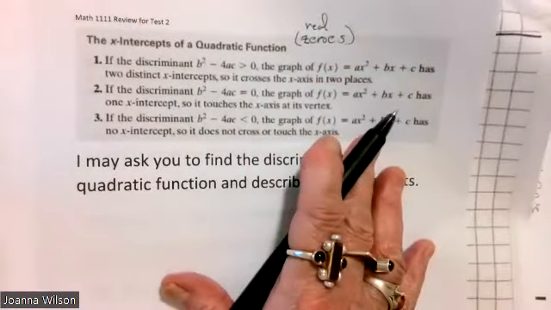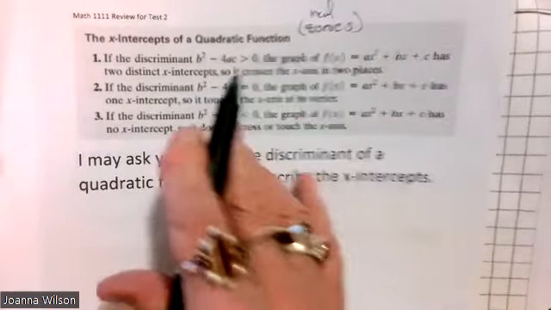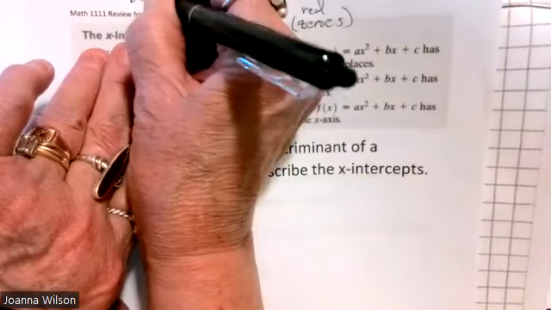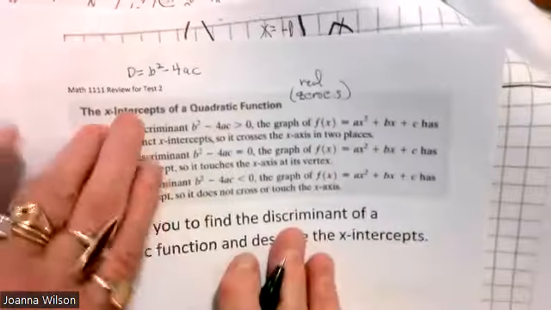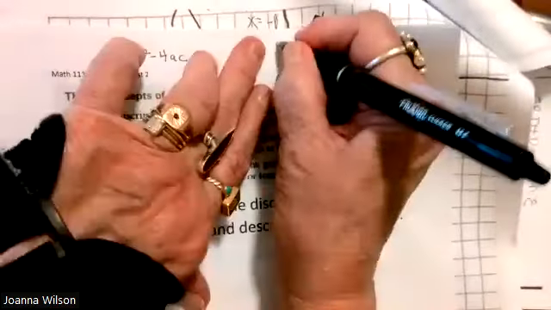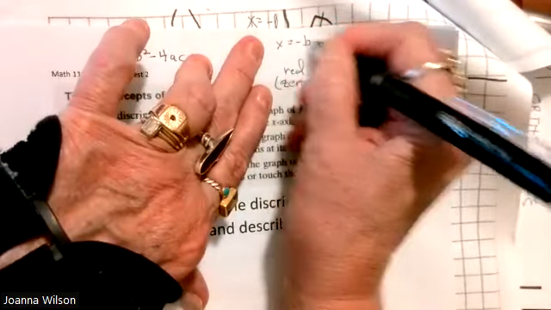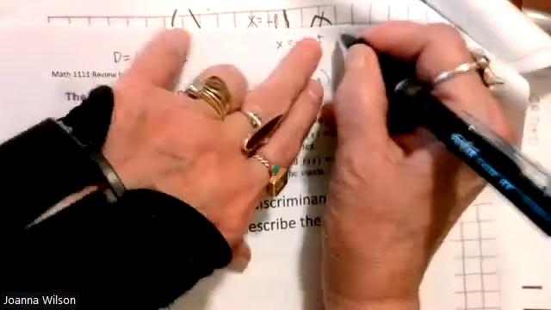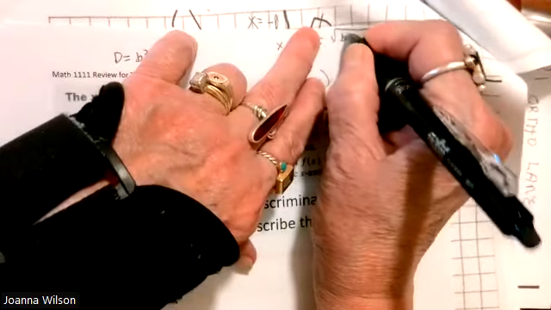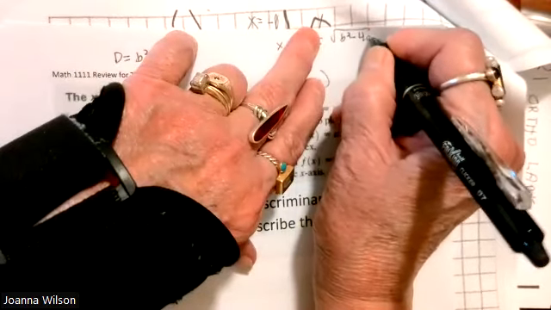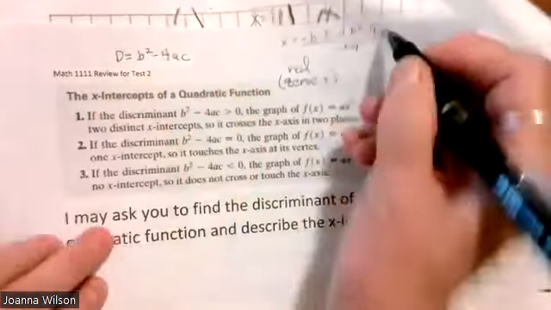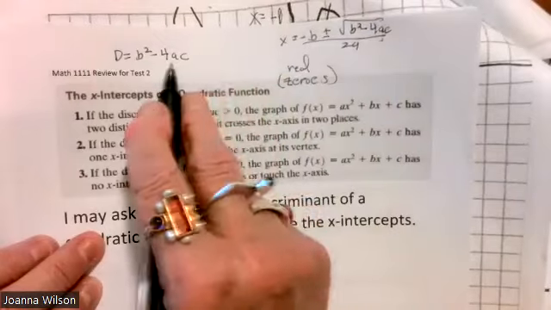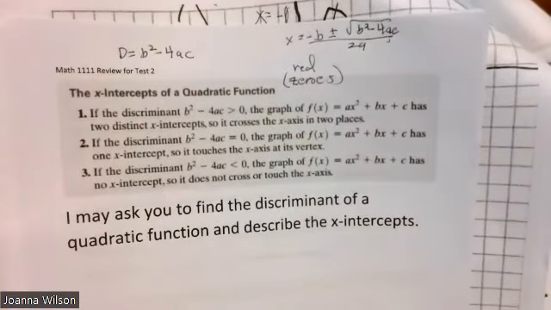But anyways, the discriminant, let's just call that D, is b squared minus 4ac. That's the discriminant. Now, in the quadratic formula, the discriminant is just the part under the square root.